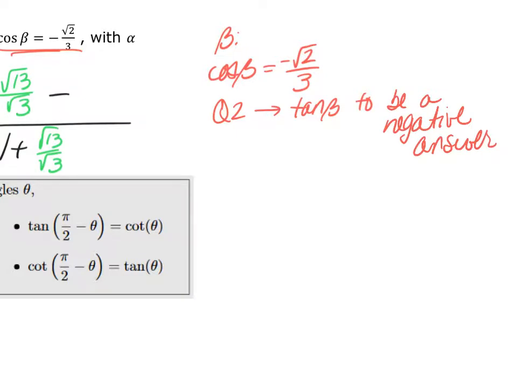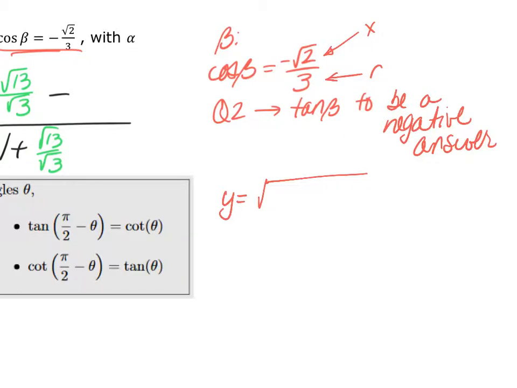Okay? This is my x, this is my r, and what do I need? Y. So y is equal to the square root. I'm in quadrant 2. Is y going to be positive or negative? Quadrant 2. So I am positive because y is up.